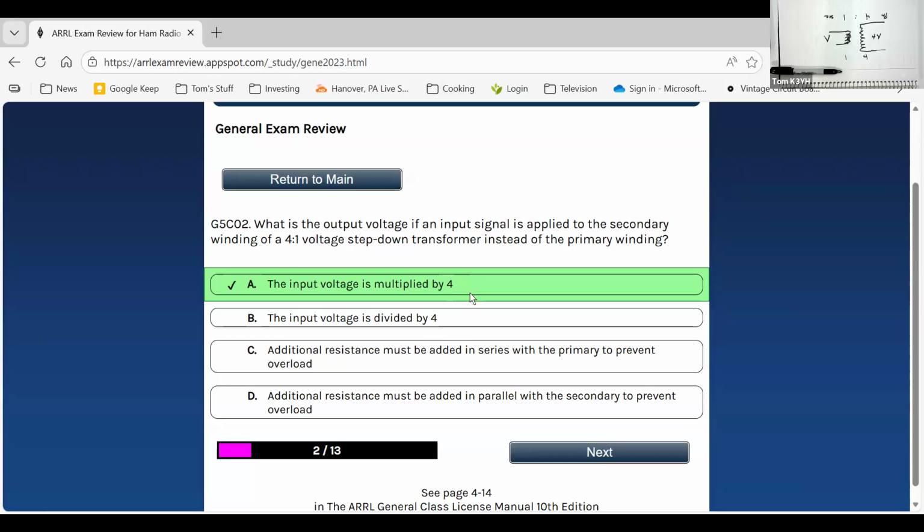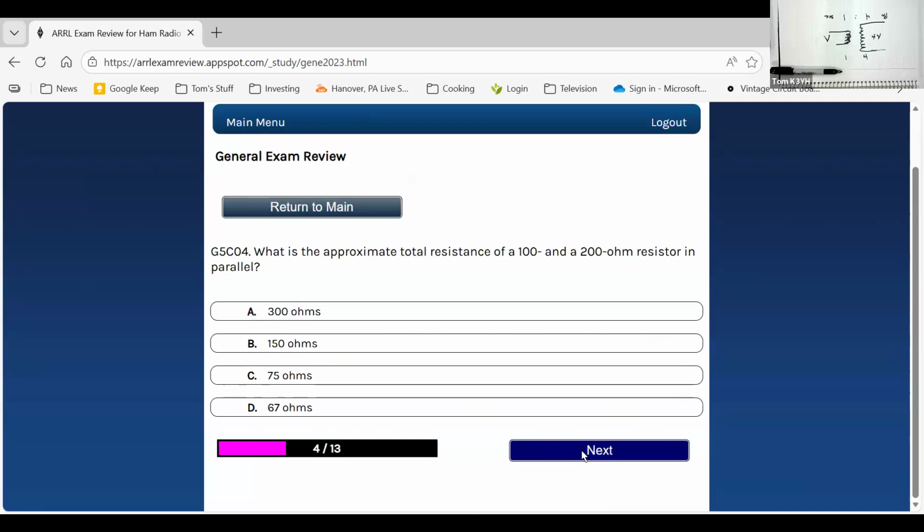All right, the last, I'm going to do G5C07. It's a transformer question. We can use a transformer to transform voltage, and we talked about how when the voltage goes up, the current goes down. So you can also use that transformer to change impedance.